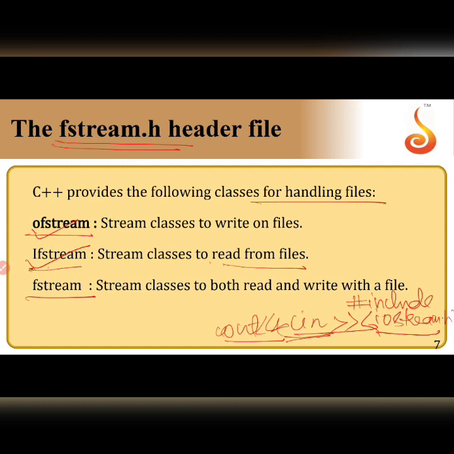So, if I want to do both, then I can use fstream. fstream allows me to do both, that is input as well as output, that is read as well as write. Please have a look and go through this.